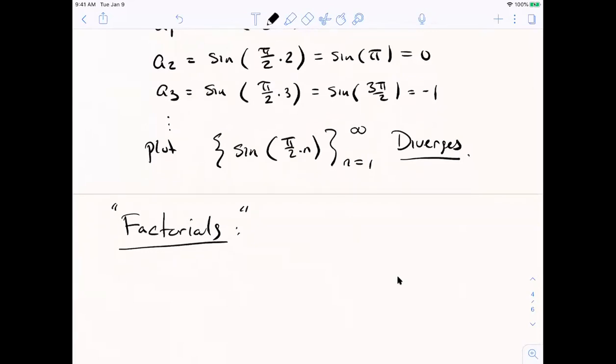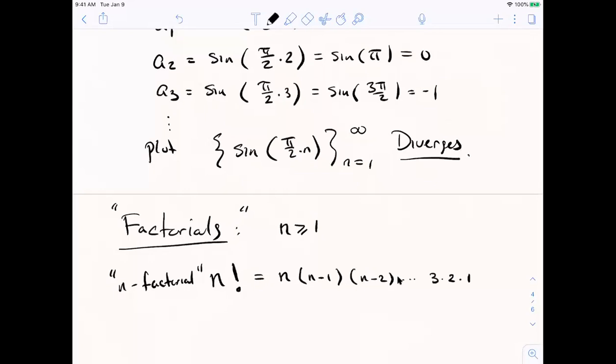If I take some number n that's at least 1, what I mean by n with an exclamation point, which you read out loud as n factorial, is the product of n with all of the whole numbers that are less than or equal to n, stopping at the number 1.